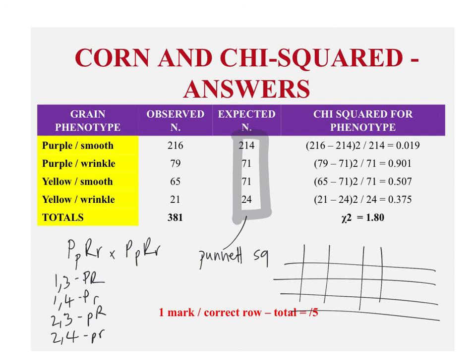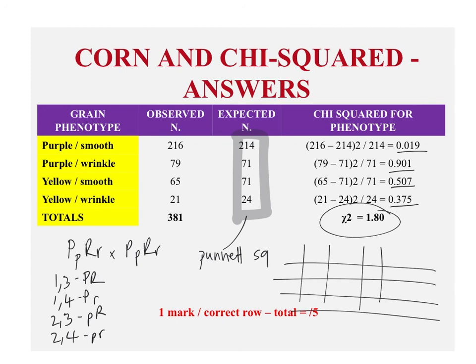And I've done these to the nearest offspring, so the totals might be ever so slightly off. You could have done them in decimals as well, but they should be roughly the same as what I've got. Now the chi-squared for each of the phenotypes is on the right hand side, and that gives us an overall chi-squared value of 1.8.